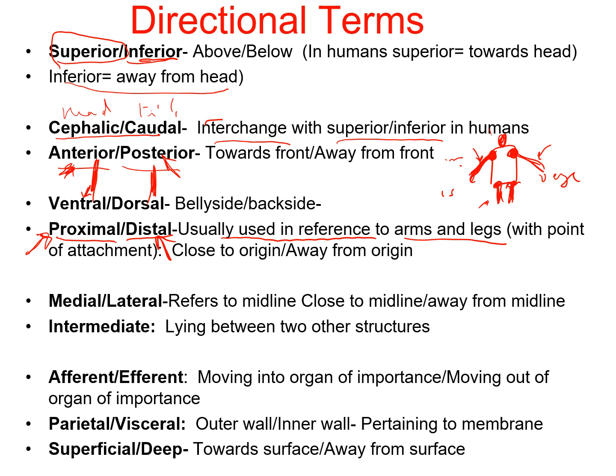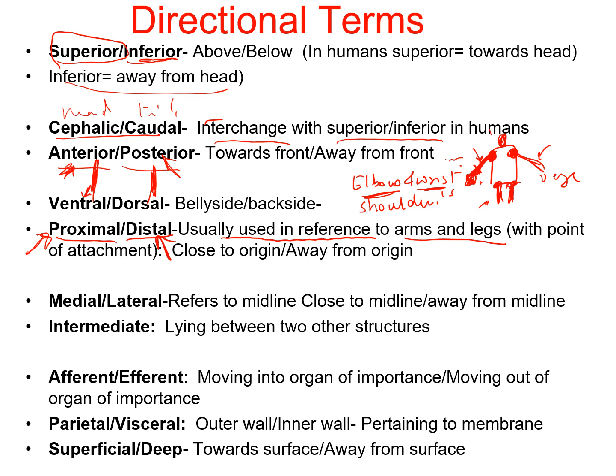Let's pick the example of the elbow and the wrist with respect to the shoulders. Okay, so the elbow of a person is proximal to the shoulder, whereas the wrist is distal to the shoulder.